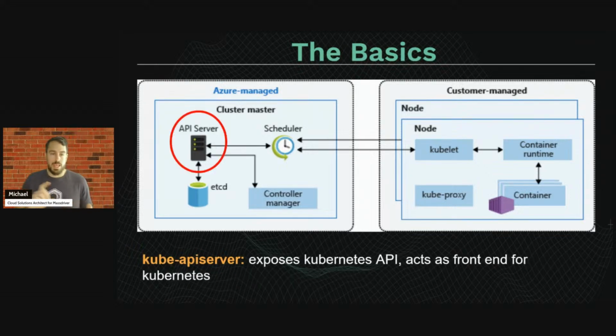The Kube API server exposes the Kubernetes API and validates and configures data for the API objects, which includes pods, services, and replication controllers. The API server is the front end for the Kubernetes control plane. It provides the interaction for management tools such as kubectl or the Kubernetes dashboard.